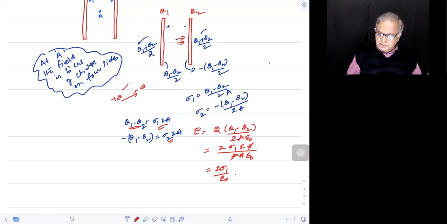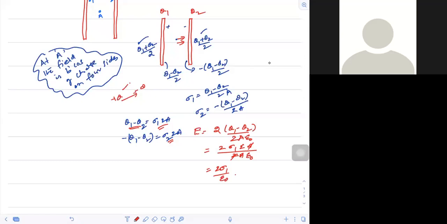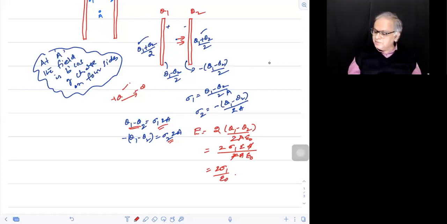Sigma 1 is Q1 minus Q2 by 2A, and E equals charge by 2A epsilon 0. Sir, we wrote charge by 2a epsilon 0 only. Another 2, where? In the denominator. A small calculation thing, you see.